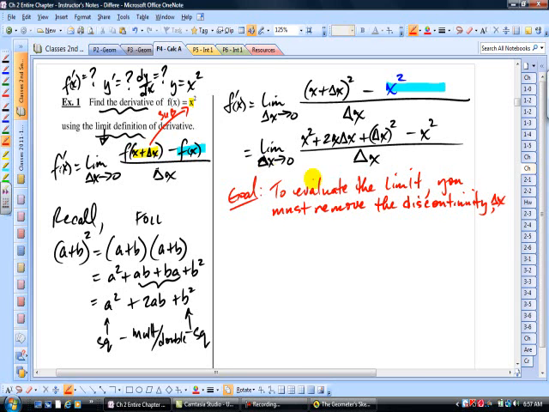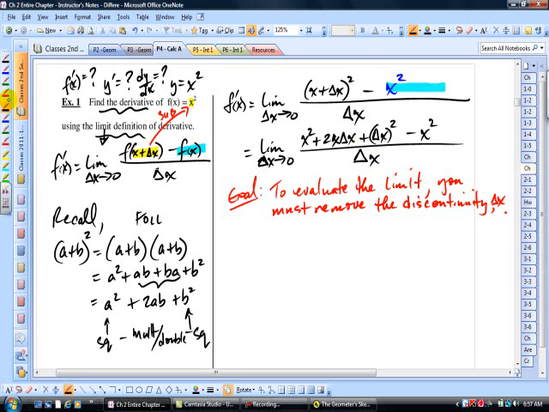You can't substitute in delta x or 0 in for delta x right now because you can't divide by 0. So the goal in all these limit definition problems, when you find the derivative, is to simplify the expression somehow using all your limit techniques, and cancel out the delta x so you can evaluate the limit.